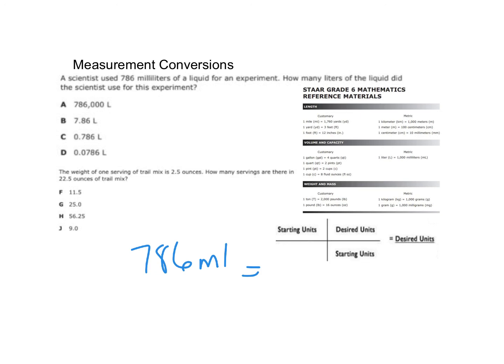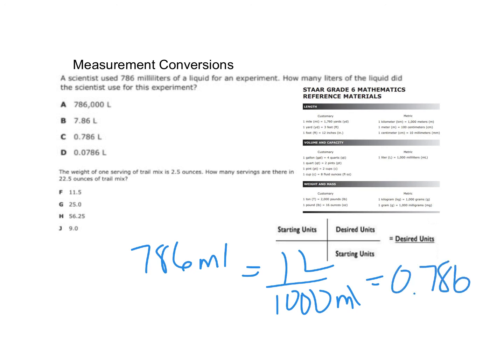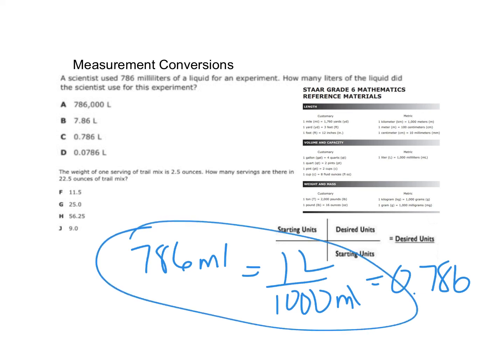That's 1 liter, sorry, it's the wrong way. So it's 1 liter to 1,000 milliliters. So when you're going this way, then you're going to divide. So when you're dividing, it's going to give you 0.786. So just make sure you're setting it up correctly because that's going to help you. And remember, this is where I got my ratio. So set it up correctly to convert measures.